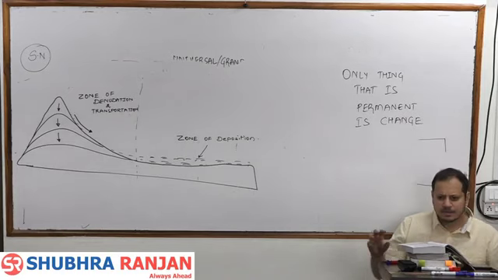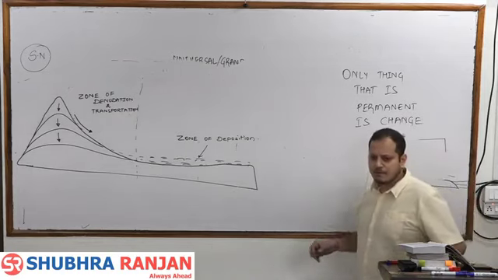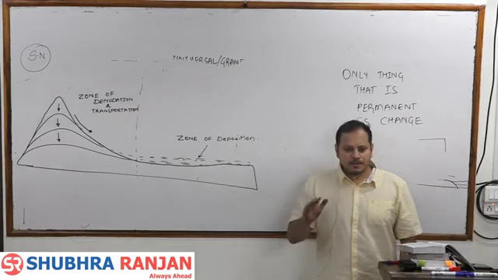Continuous creation है, destruction है, dynamic Earth surface. Getting it? So time is not there.